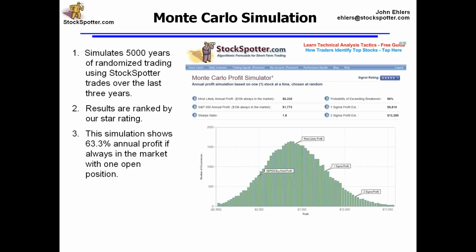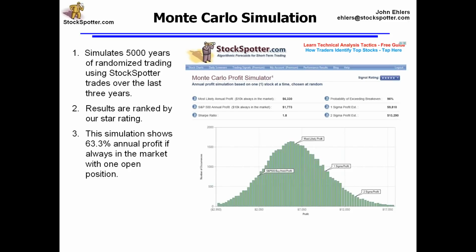So here's how I think is the best way to measure performance overall of a trading system. It's Monte Carlo. And the way we create the Monte Carlo results to produce this bell curve is that we take, and this is an annual performance, we take all of our trades that we have accumulated over the last 3 years, and there are several tens of thousands of these, but we draw them out of the proverbial hat one trade at a time until we accumulate a year's worth of trading.